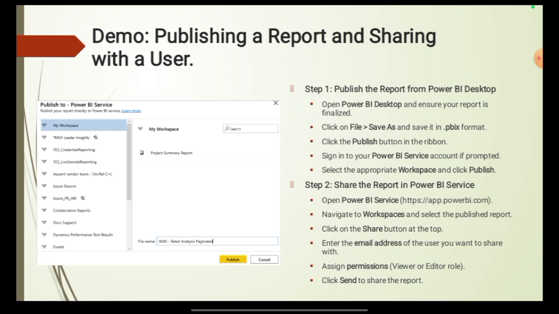Next click the Publish button from the ribbon and sign in to Power BI service account if prompted. After signing in, select the appropriate workspace and click Publish to upload the report. In step 2, it involves sharing the report in Power BI service. Open Power BI service at app.powerbi.com and navigate to Workspaces to locate the published report.